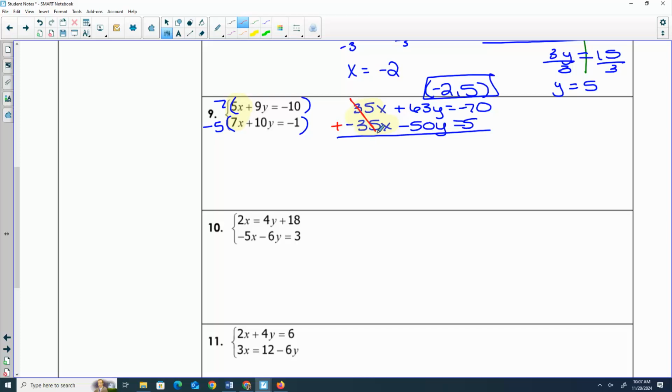Positive 35 and negative 35 cancel. 63 plus negative 50 is 13. Equals negative 65. Divide by 13. And we get negative 5.